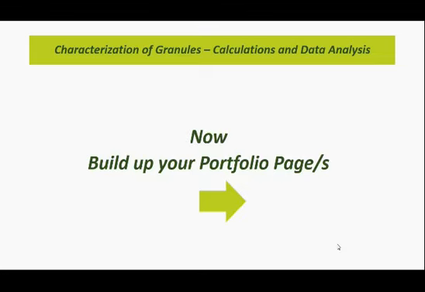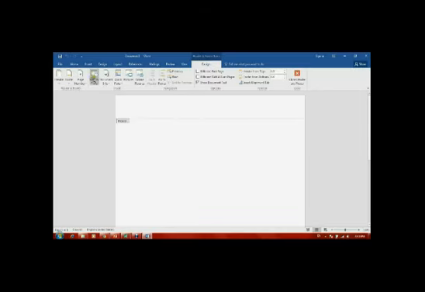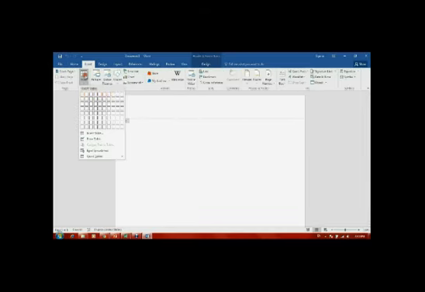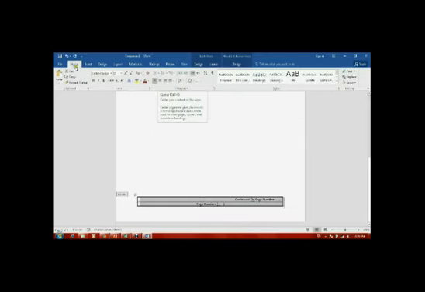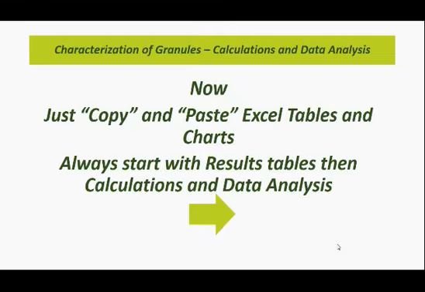Now, build up your portfolio pages as we have learned during previous sessions and experiments. Now, just copy and paste your tables and charts.